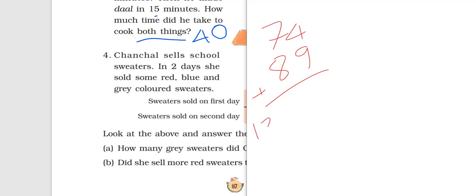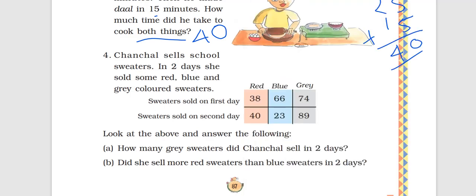That is 1 ten and 3 ones. I put the 3 ones in the ones column and carry the 1 ten into the tens column. So 1 plus 7 plus 8 gives me 16. So she sold 163 gray sweaters in both the days.